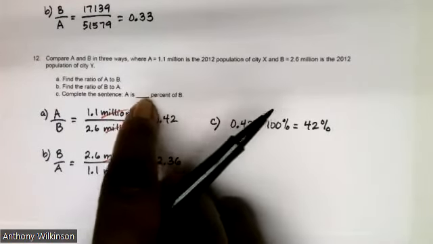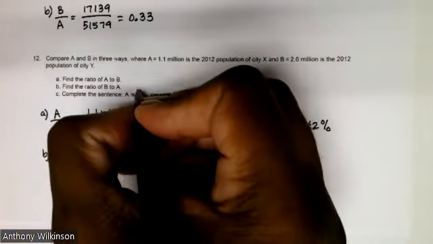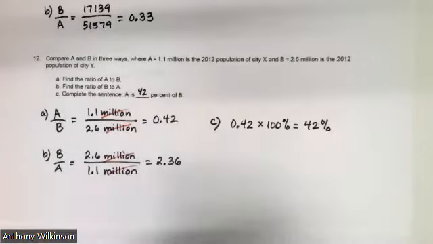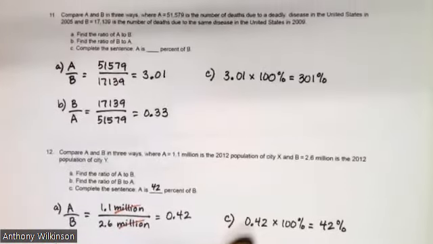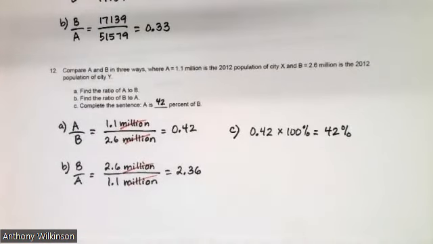We don't include the percent sign in our answer; we just enter the number 42. So in number 12, part C, A is 42% of B.